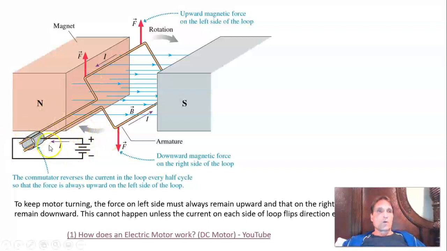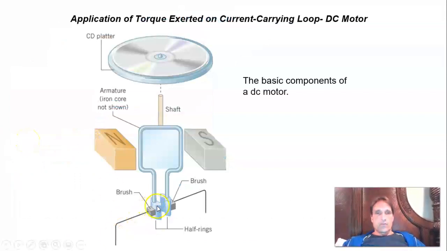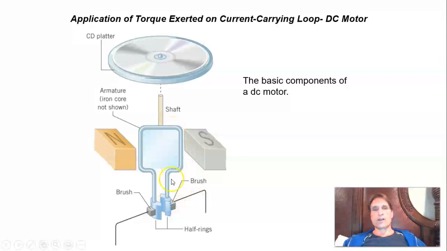And so what that requires here is, as you go through, and you've got this brush here with these rings, that the current in each side has to change directions every half turn. So whatever side is always connected to this brush right here will always be connected to the positive terminal. That will always have current in this direction.